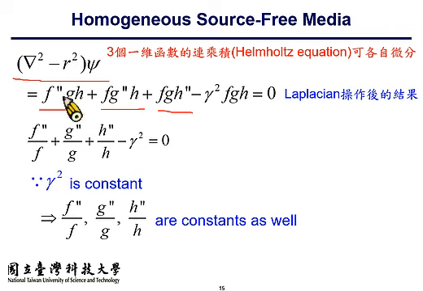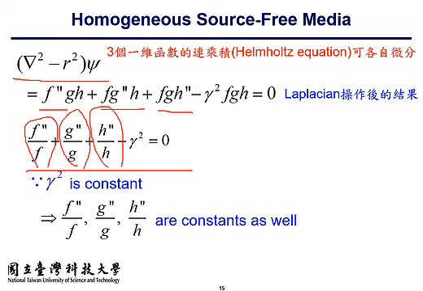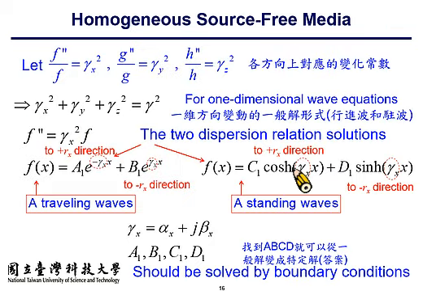Alright? And if you divide both sides by fgh, you end up with this. Because gamma squared is a constant, the first three terms are constant as well. So here we can define the one-dimensional wave equation separately.